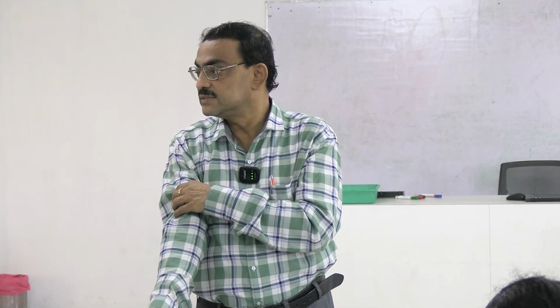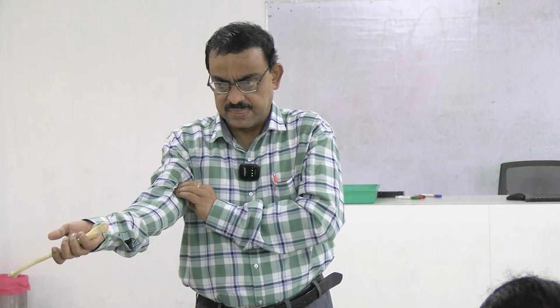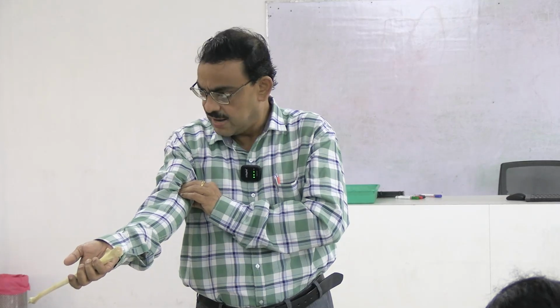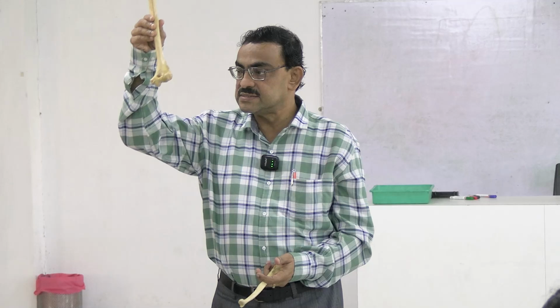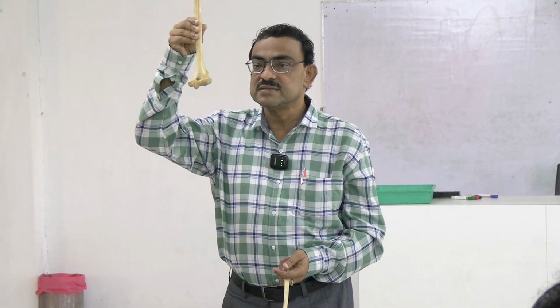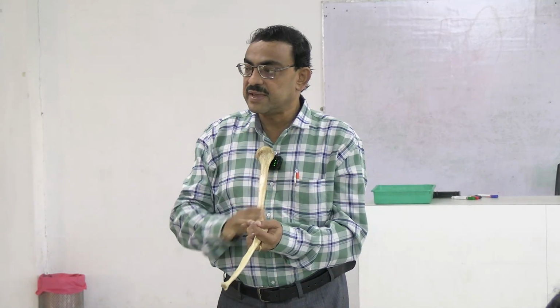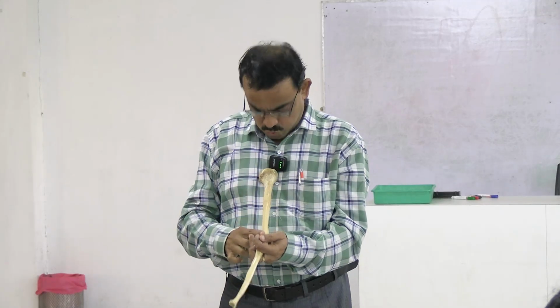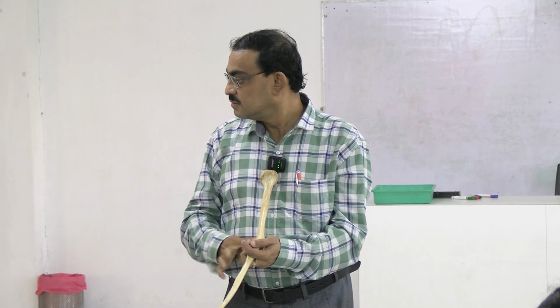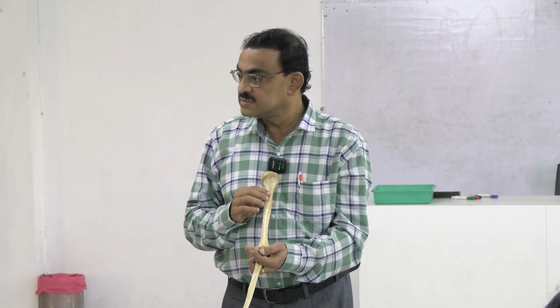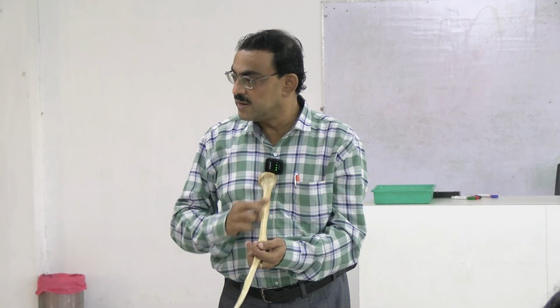One is superficial flexor, that is the biceps, and below the biceps there is another muscle we can feel, that is the brachialis, which takes origin, brachium means arm, from the anteromedial and anterolateral surface of the body of the humerus.